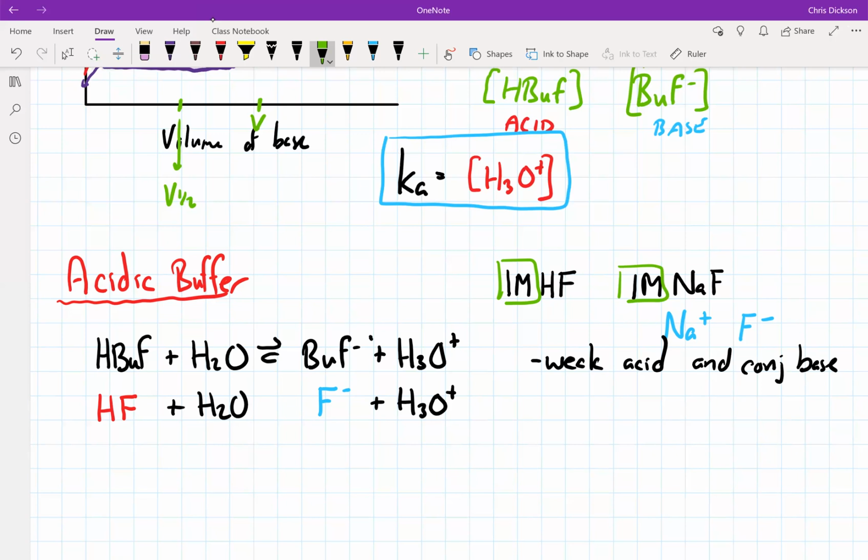But notice I use 1 molar, which is actually quite high. If you had made it 0.001 molar and 0.001 molar, that would also work as a buffer, but it wouldn't be as good as a 1 molar buffer solution, because you just have more moles of acid and base to neutralize more of the acid and base you add to the solution.